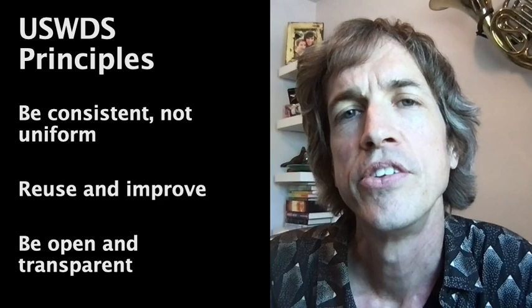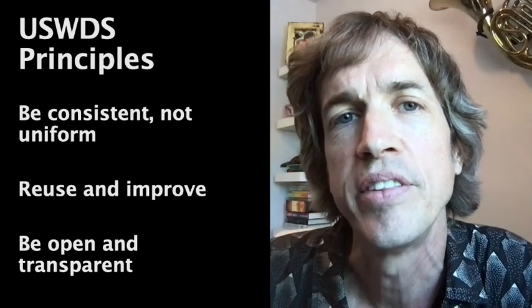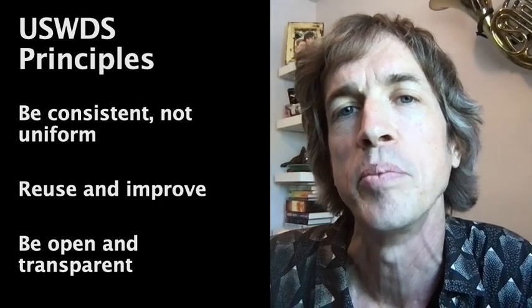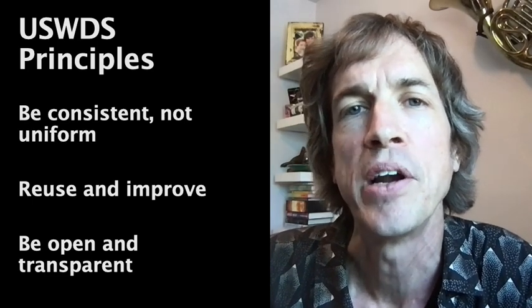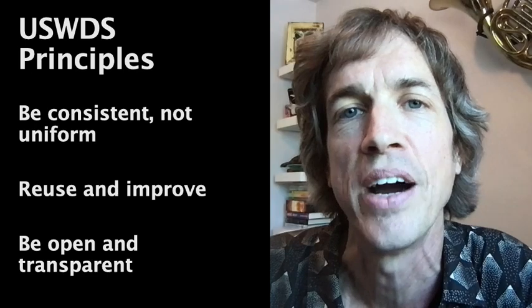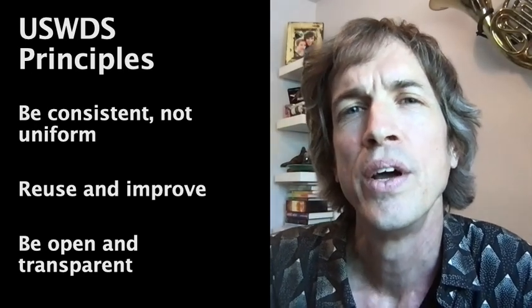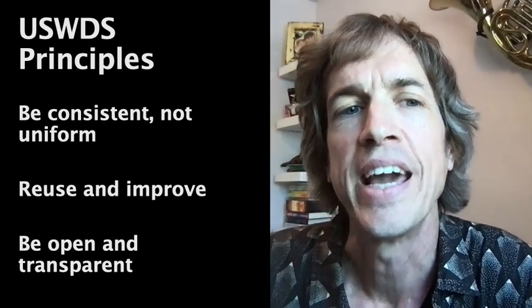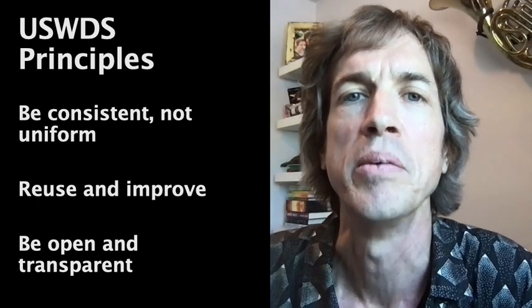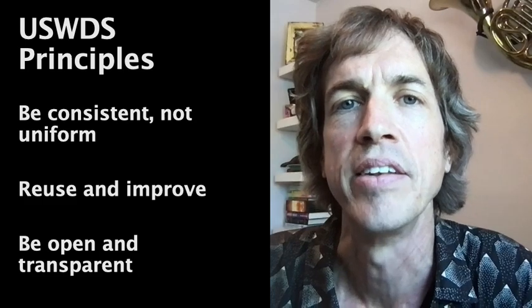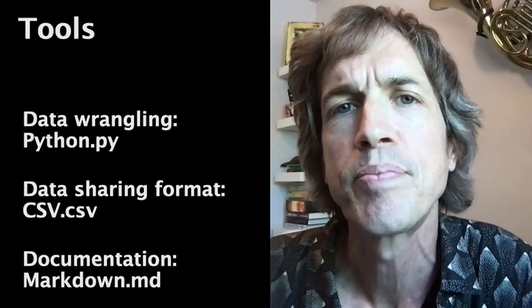So, our strategy is to use the US Web Design System principles, and especially to be open and transparent. That's what I'm doing today, to tell you how we're doing it, and to utilize tools and to be consistent and not uniform. I'll show you a little bit about how that looks in terms of the Austin Cemeteries data.